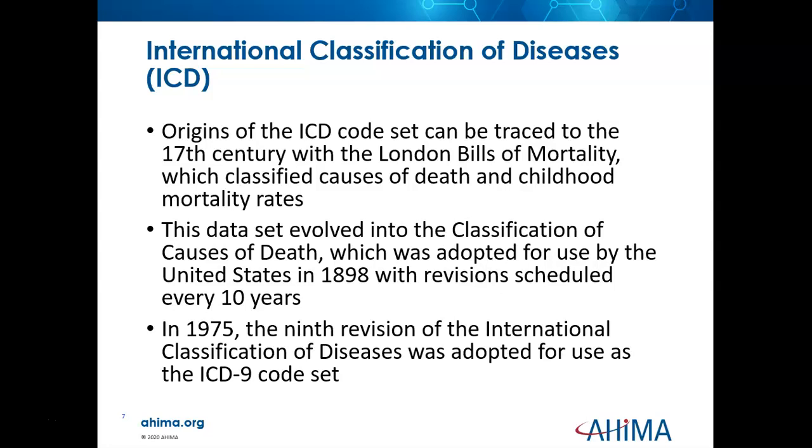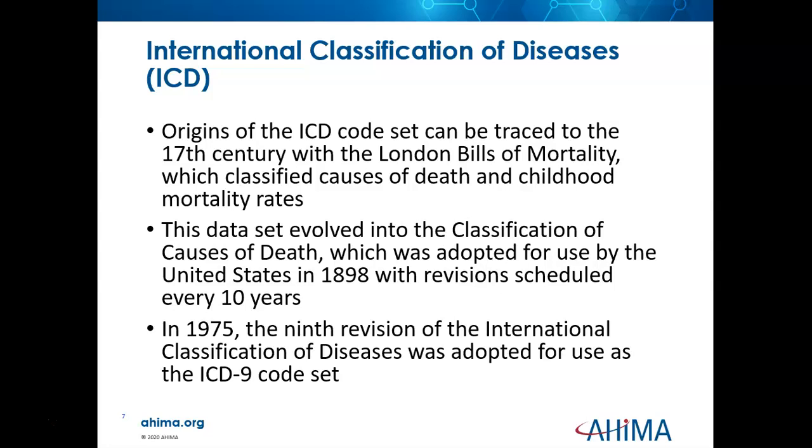In the 15th and 16th centuries, European societies, their boards of health, needed a way of classifying how their population was dying, similar to here in the 17th century in London, but back in the 15th and 16th century.